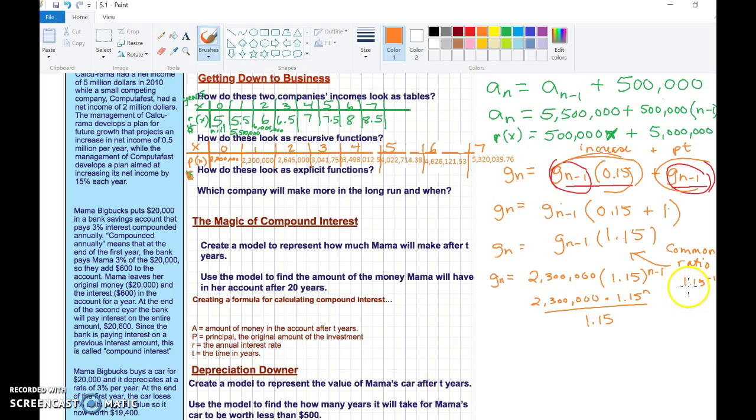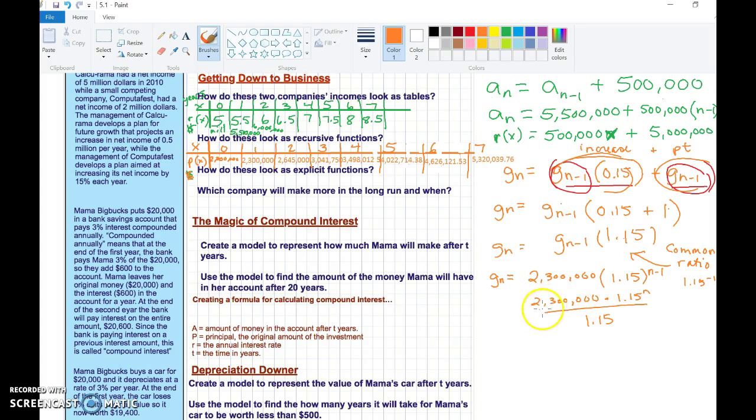So we've, this is a little phrase I have, cross the line, change the sign. Now, if I do a little bit of simplifying, I can't really simplify 1.15 to the n power divided by 1.15. I'm just going to come back with n minus 1 power.